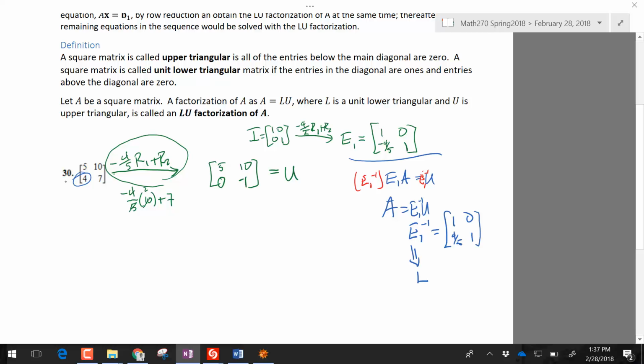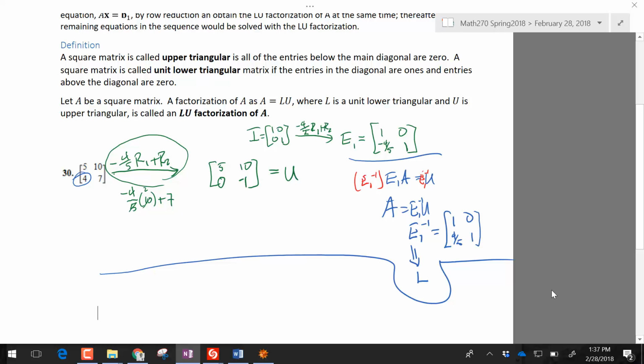For a 3x3, we'll have a few more steps, but we'll take a look at that in detail. For a 1x1 matrix, it's just the number, and you can't factor it.